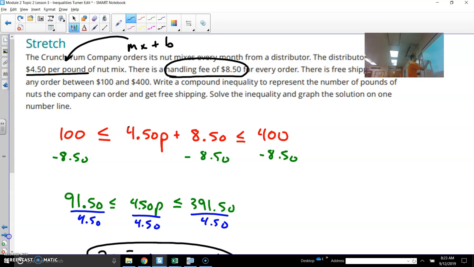So that's why I started with 450b. But anytime you have a fee, that's b. That's a one-time thing, so it doesn't need a variable there. And so that is my equation for calculating the cost.